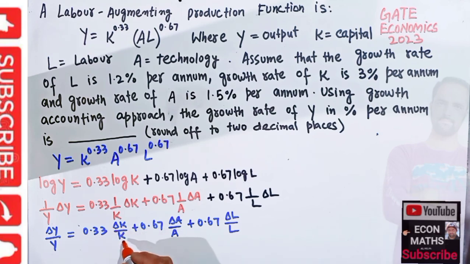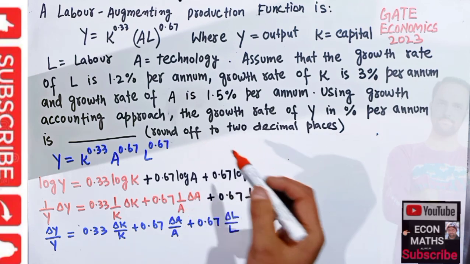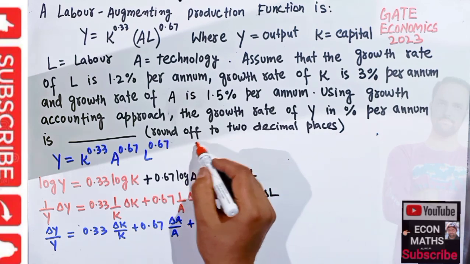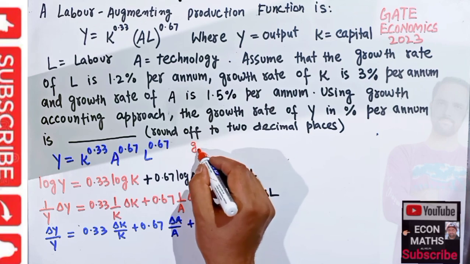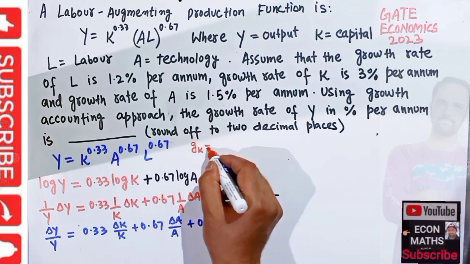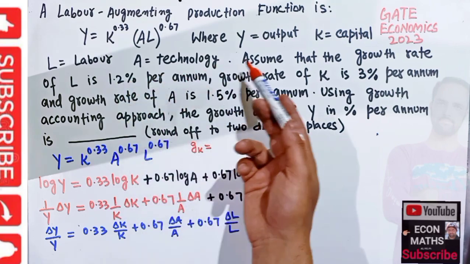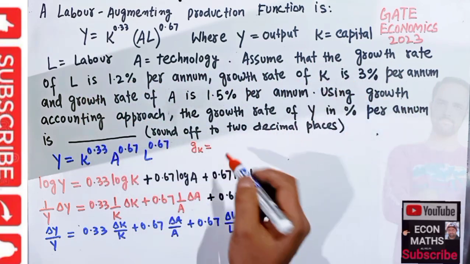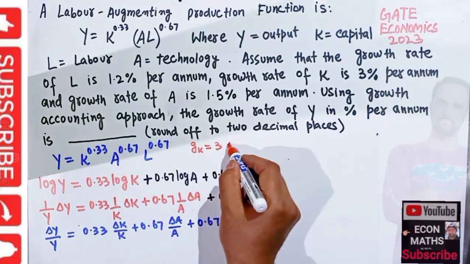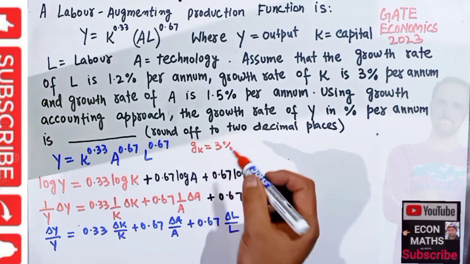So del K upon K, let us see what we are being given. Let us denote G subscript K as growth rate of capital. What is the growth rate of capital given? Suppose that the growth rate of L is 1.2%, growth rate of K is 3%. So we have growth rate of capital is 3%.